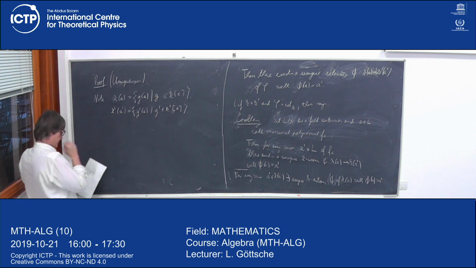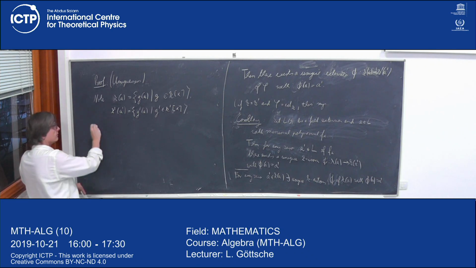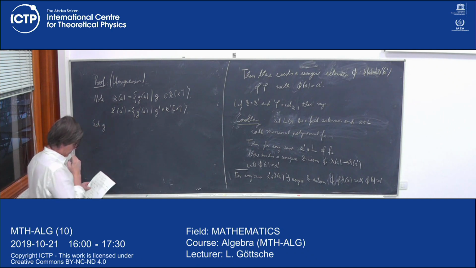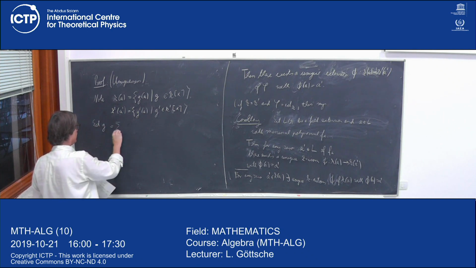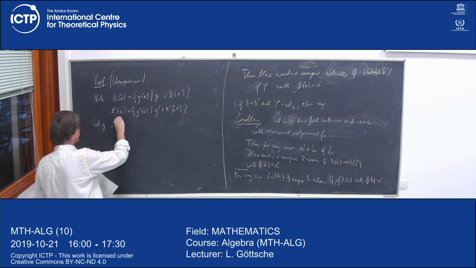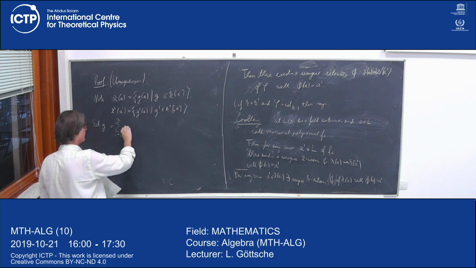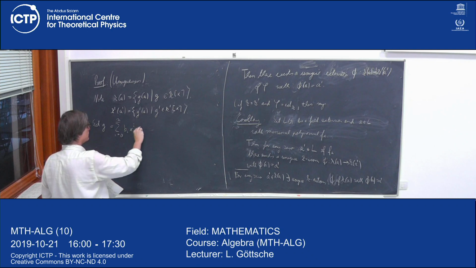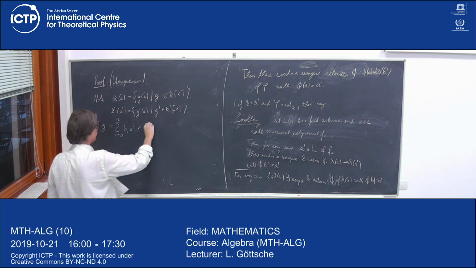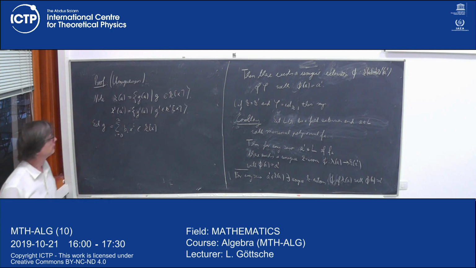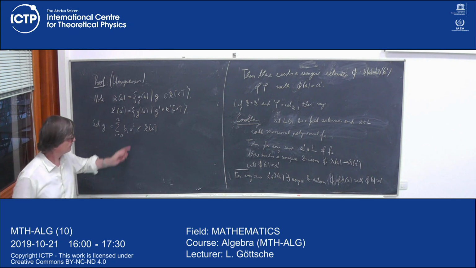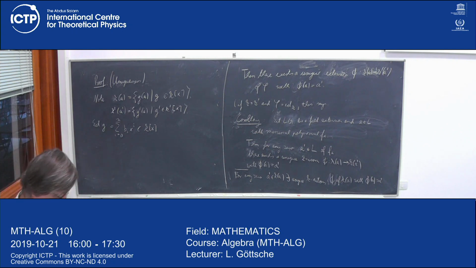So now let's take any element G, which I can write as the sum for i equals 0 to n of b_i x to the i, with b_i in K. Then a general element in Ka will be obtained by putting A into it.